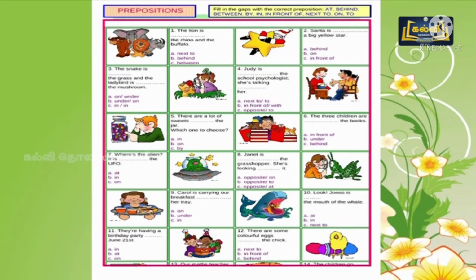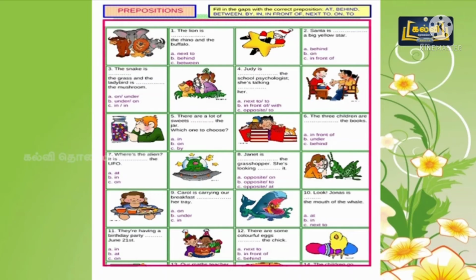Options are first one, next to and to. Second one, in front of and with. Third one, opposite and to. There are two words given. First one is for the first dash and the second one is for the second blank. Side by side, you watch the picture and you can find out the answer easily.